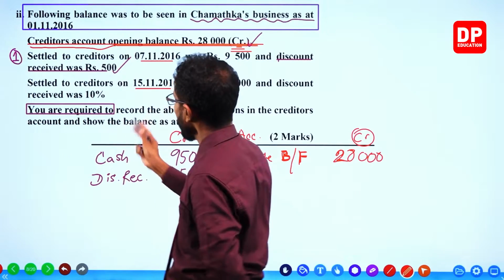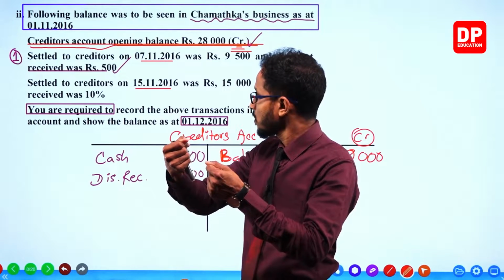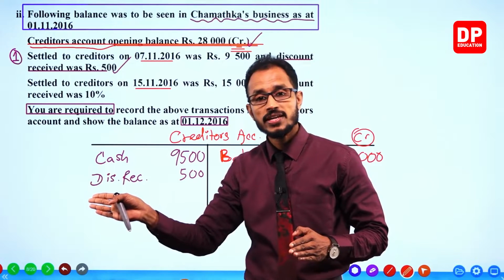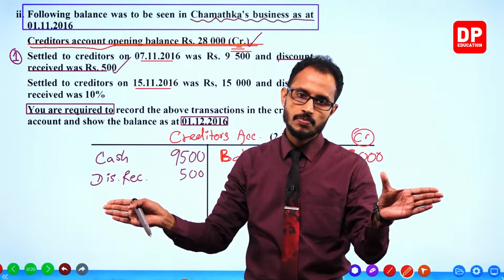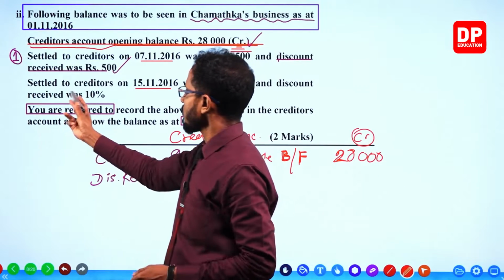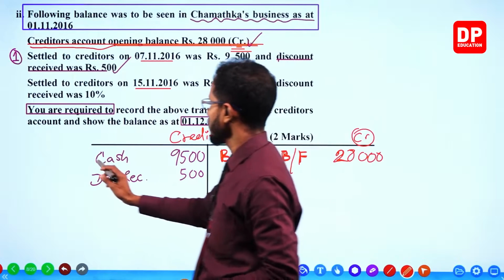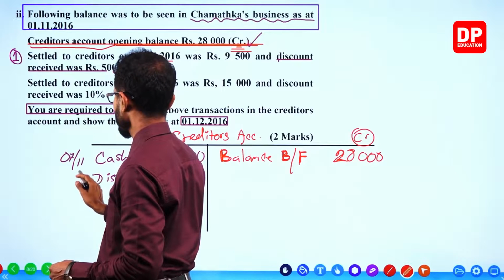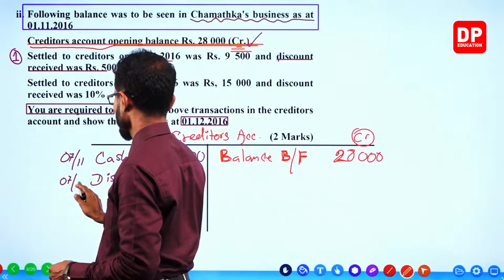Settled to creditors again, we are paying. Cash going out, cash account credit, creditors account debit. That's how it is, right? Settled to creditors 15th. Oh, we didn't put the date here. This one also 7th November.